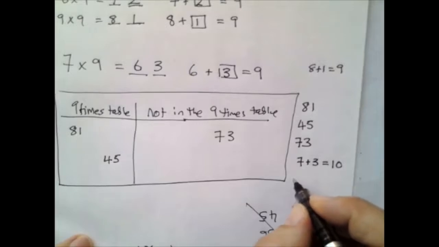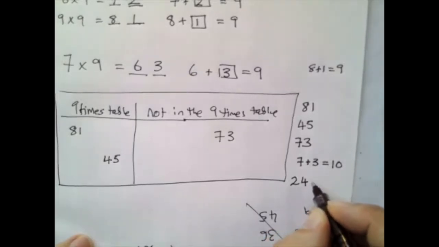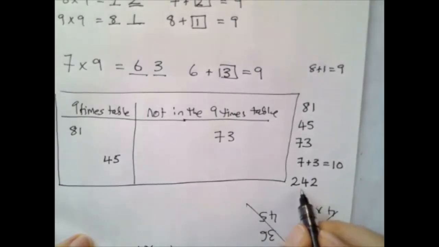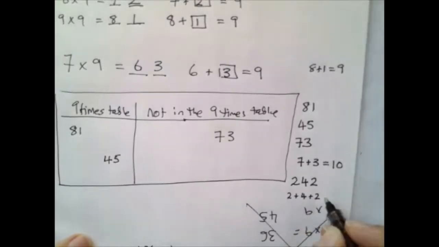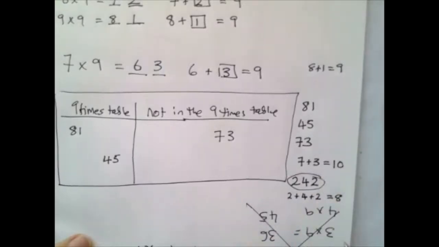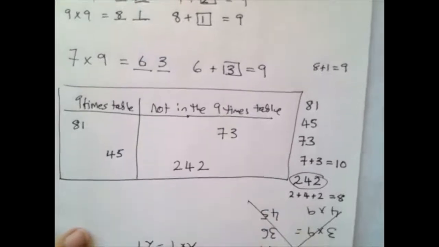How about 242? If we add those digits together, what do we get? We take 2, we add 4, and we add 2. Well, actually, that gets us 8. So even though it's a 3-digit number, we can still find out that this is not in the 9 times table.